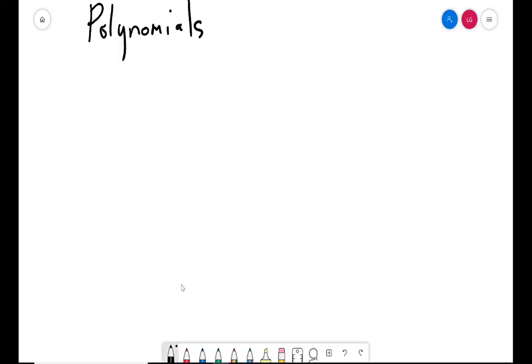So the first thing about polynomials that we want to know about is, well, actually, let's just look at some examples. So polynomial, the typical one, x, right? Very common. You probably have also seen x squared.